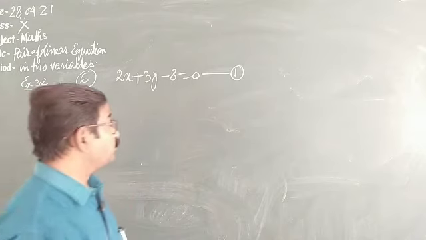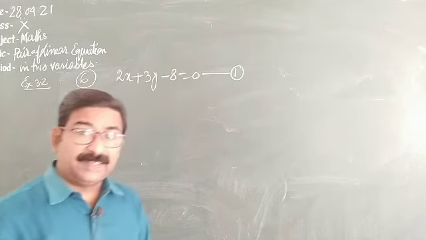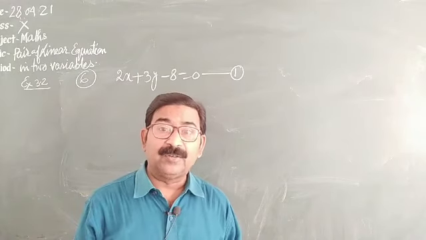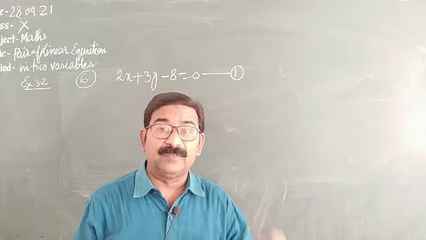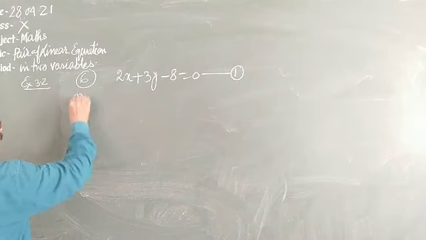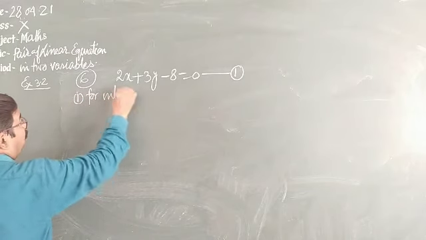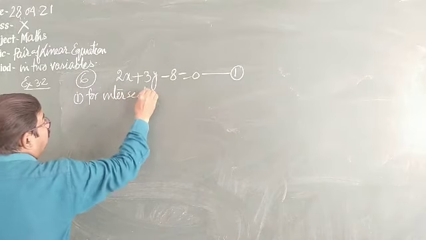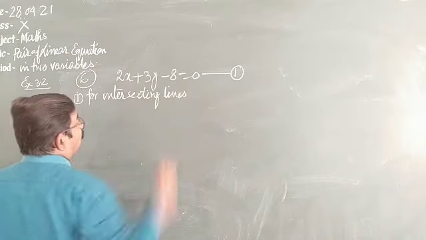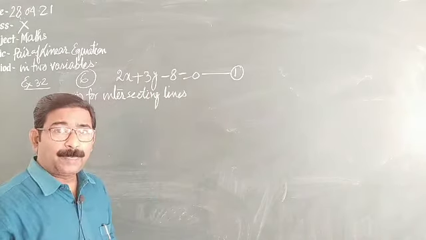You know, for intersecting lines, the directions of the two lines are different, so the coefficients of the equations will be different. For intersecting lines, very simple, just interchange the coefficients.